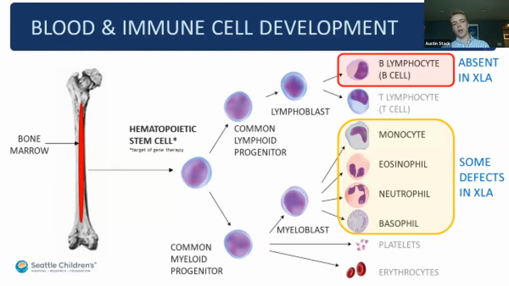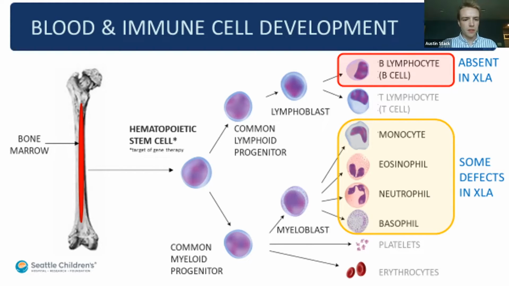If we go back to Dr. Rawlings' slide here, we see the hematopoietic stem cell is at the root of all of these final cells, from red blood cells, erythrocytes, platelets, eosinophils, monocytes, macrophages, T cells, B cells. It all begins with the hematopoietic stem cell. It has the ability to take on all of these jobs. So that's why the stromal cells sending out IL-7 to tell these stem cells to become B cells is a major step.